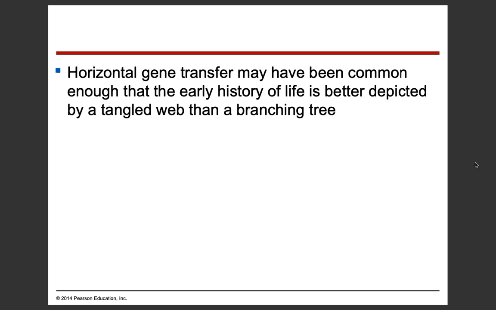So horizontal gene transfer may have been common enough in the early history of life that it should be better depicted as a tangling web, because it is not just parents, offspring, parents, offspring, where you have DNA being exchanged. You have transposable elements, viruses, plasmids, and organisms absorbing other organisms that allow the exchange of genetic information.